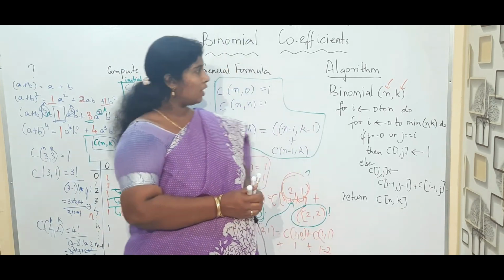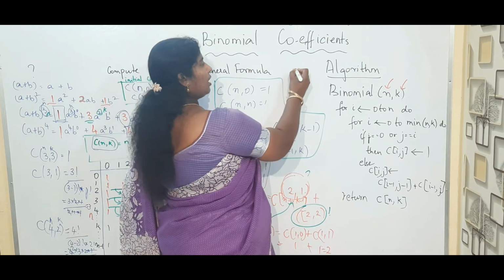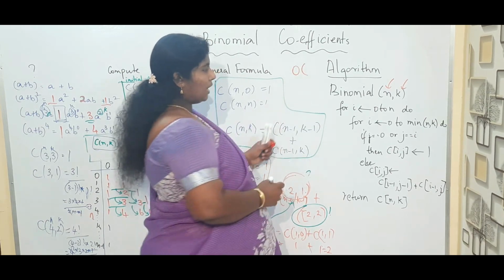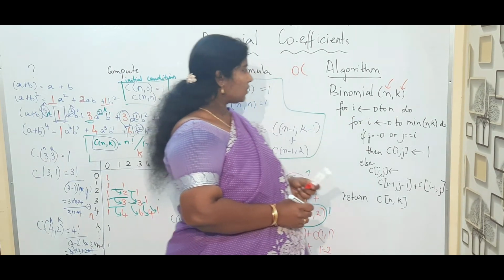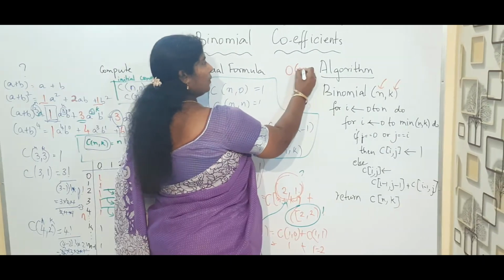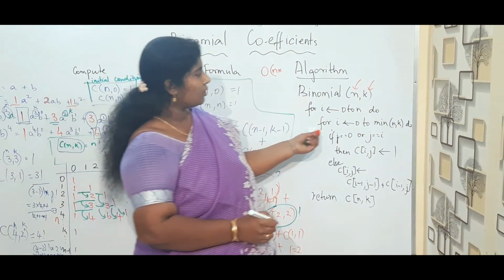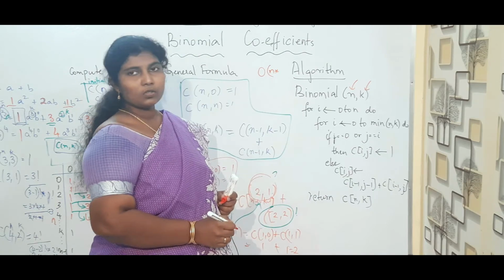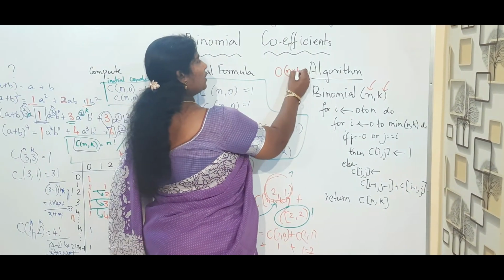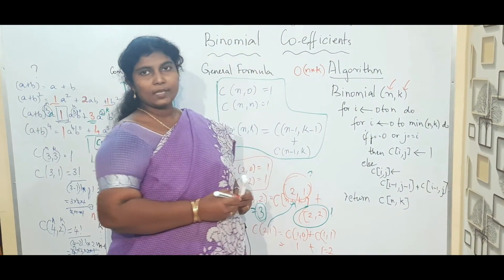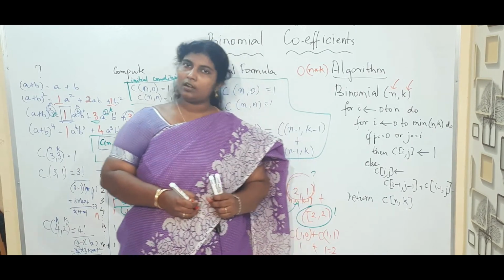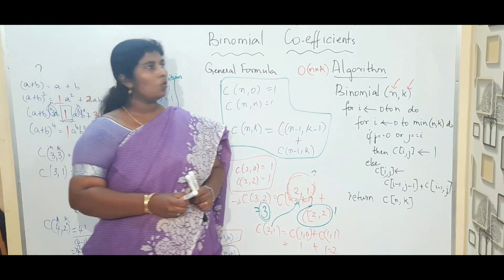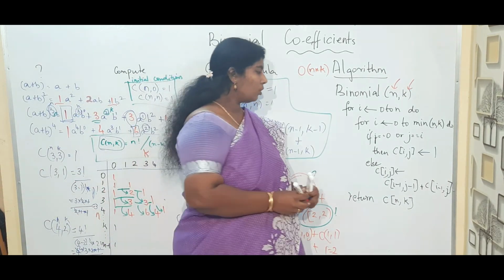Now with respect to time, n is going to be called, and it is going to make a comparison with all factors of k. So the time complexity is going to be n times k. How much space is it going to take?